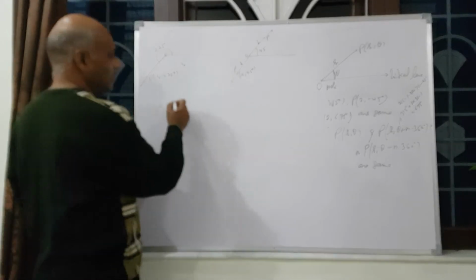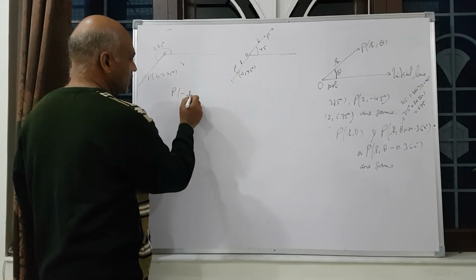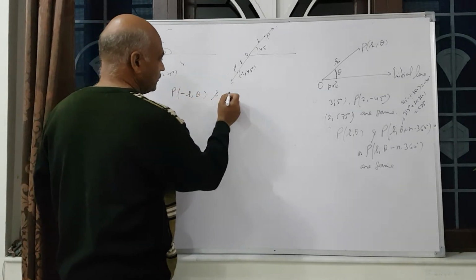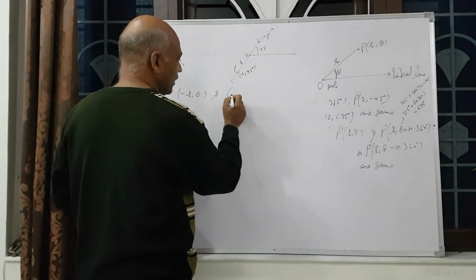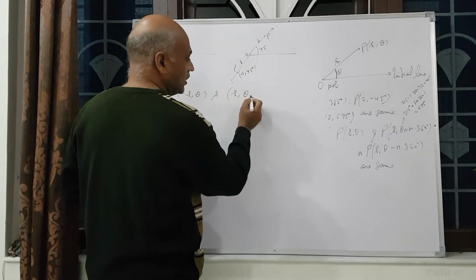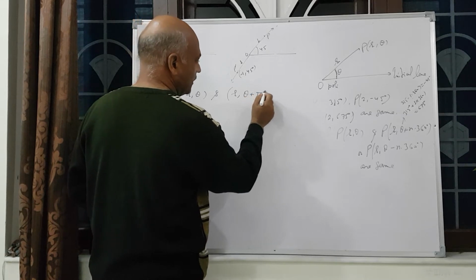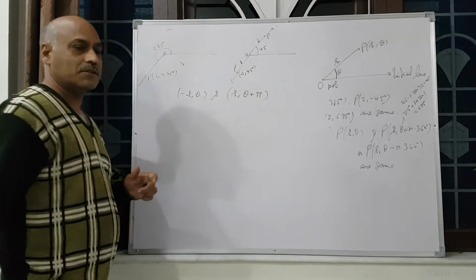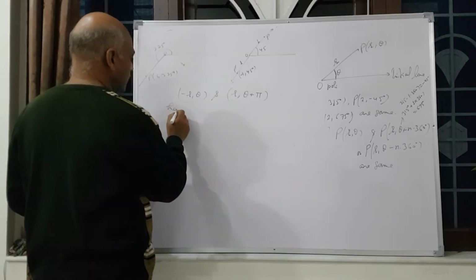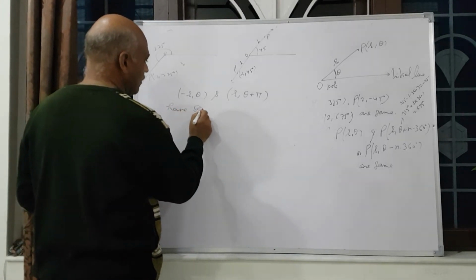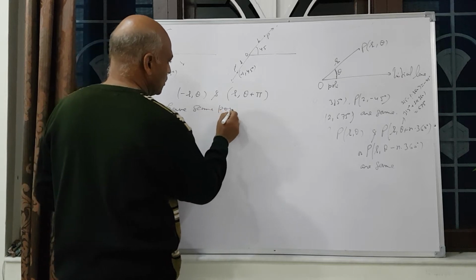Generally R remains positive, but in some cases we can take R negative also. So we can say the points (minus R, theta) and (R, theta plus pi) have the same position.